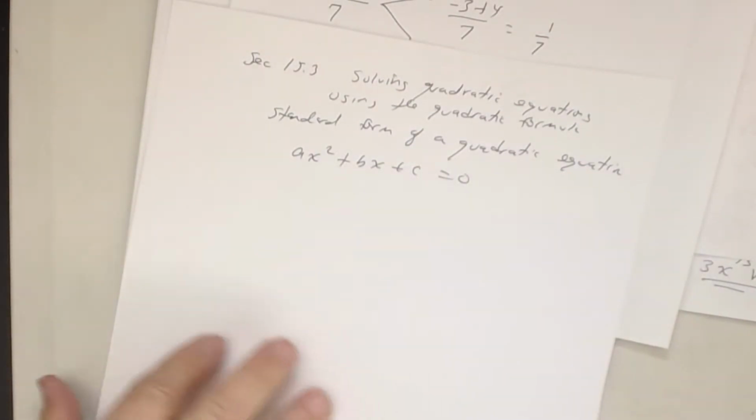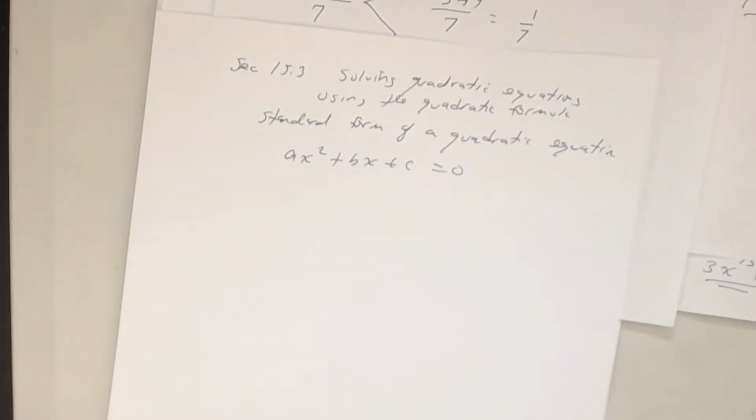That's the standard form of a quadratic equation, and that's what you solved in the last test. If you look at your test, and even the test before that, you had a couple of problems you had to solve by factoring.